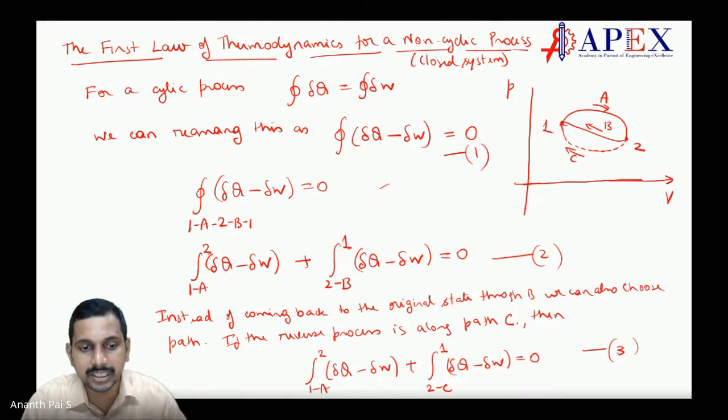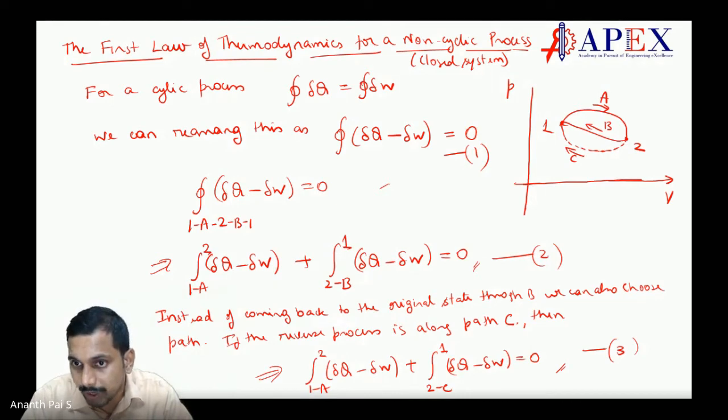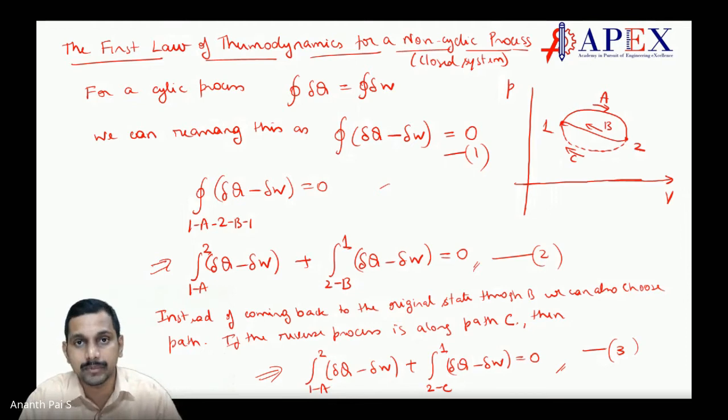First we take the first cycle, then the next cycle, and we see that since A is the same, and these two terms come to 0, whether it goes from 2 to 1 along C or 2 to 1 along B, the change is the same. And that quantity, delta Q minus delta W, the change is the same. So that means it does not depend on the path.